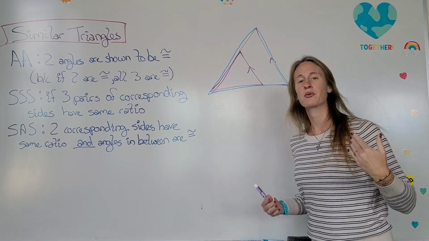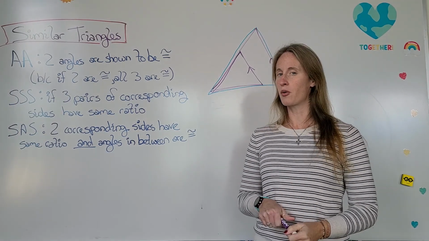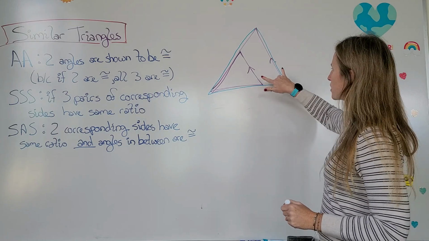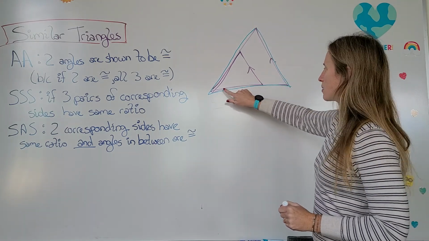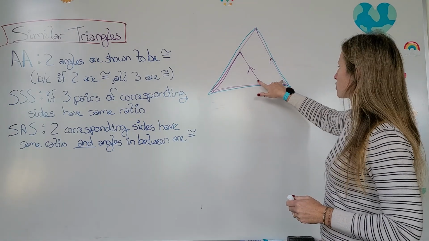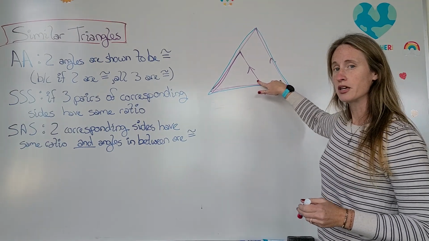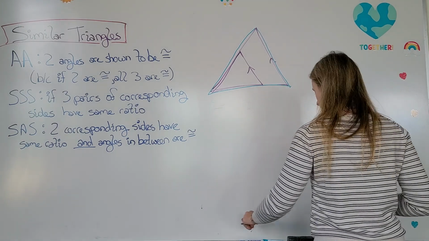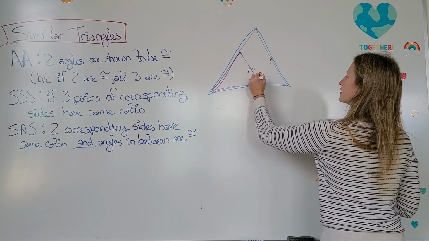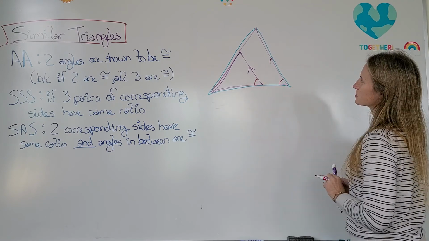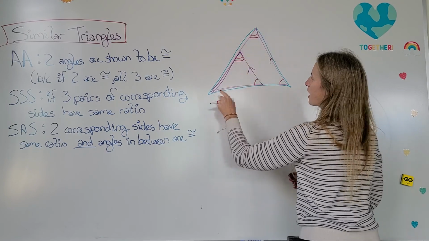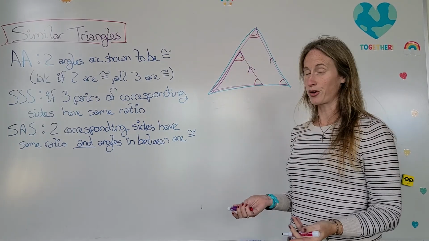You have to remember some of the concepts that you know about parallel lines. The concept that we're going to use here is when you have two parallel lines cut by a transversal, or a line that goes through both of them, you know that the corresponding angles are going to be congruent. So I know that this is congruent to this, this is congruent to this, and obviously that one has to be congruent because it's the same angle.